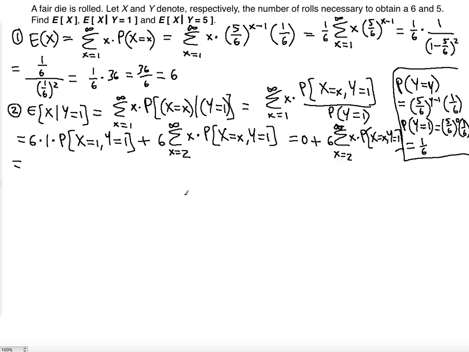Now again, I'm going to put a 6 there. I'm going to put x being multiplied. Now what is the probability of this? And again, using binomial, first, let's solve for the probability of Y is equal to 1. We know that's 1/6.